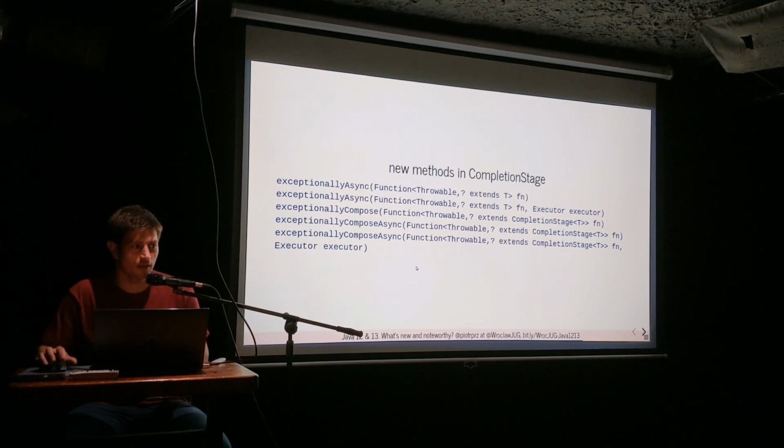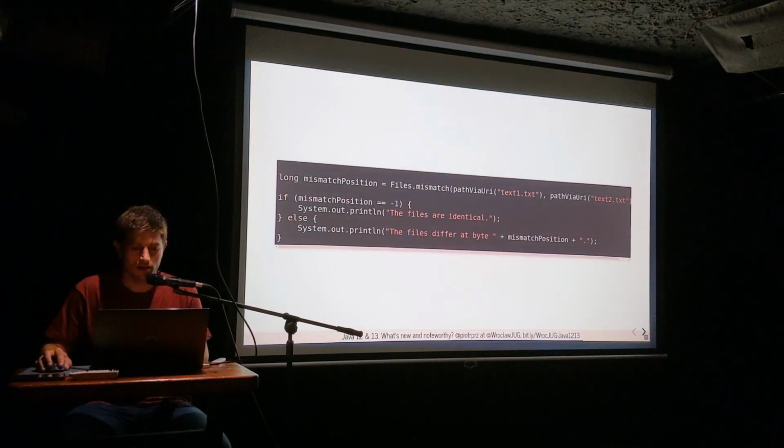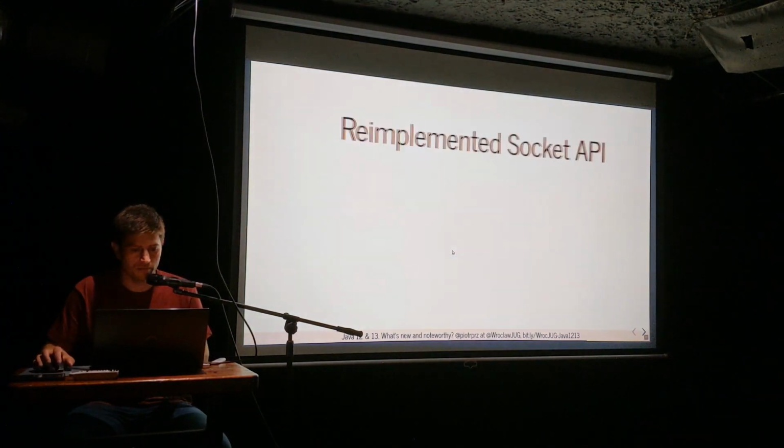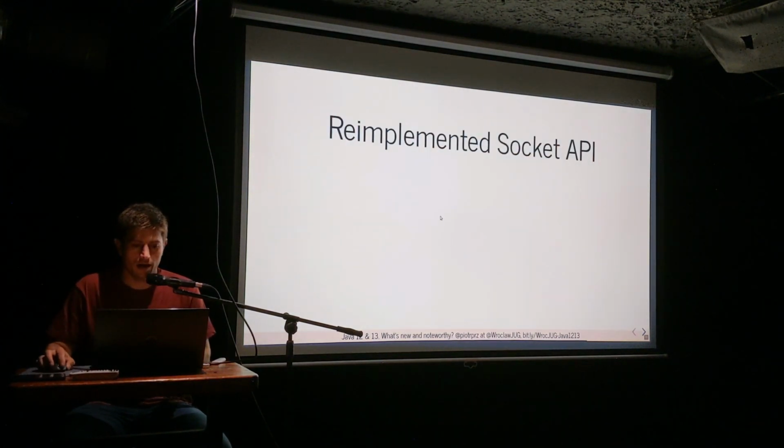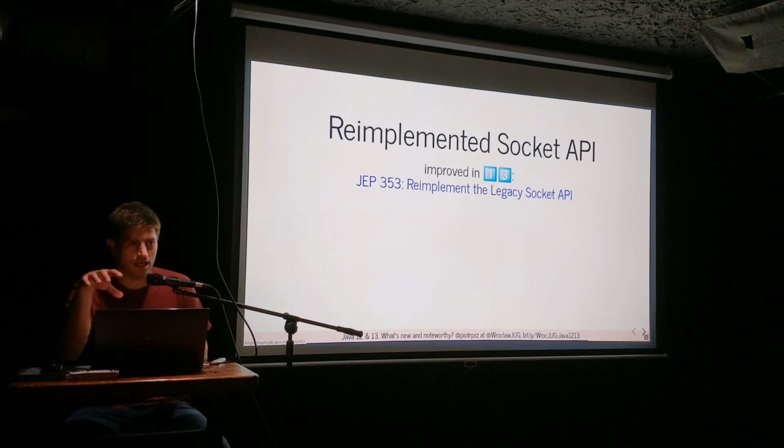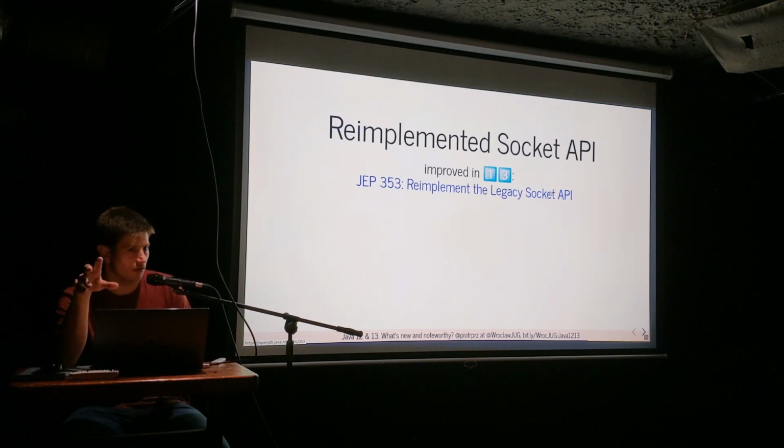We'll get to the second one. Sorry, this slide should go before. What also got redone is that this socket API got re-implemented, because the socket API we had up to Java 12 was actually legacy code. It was a mixture of C or native code dating back from JDK 1.0.